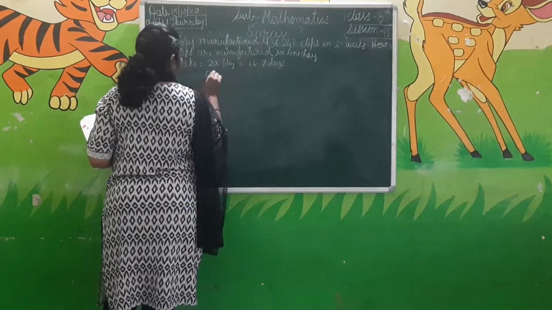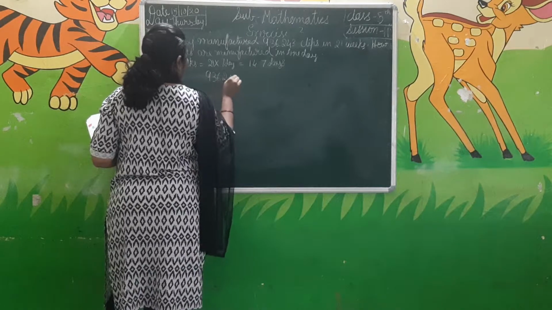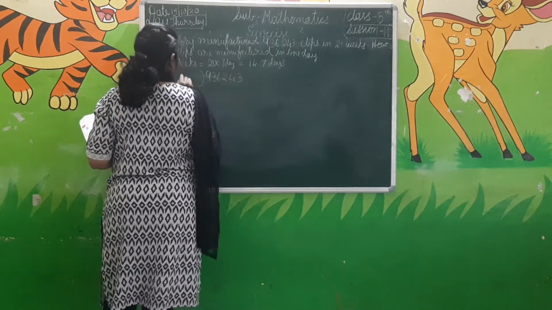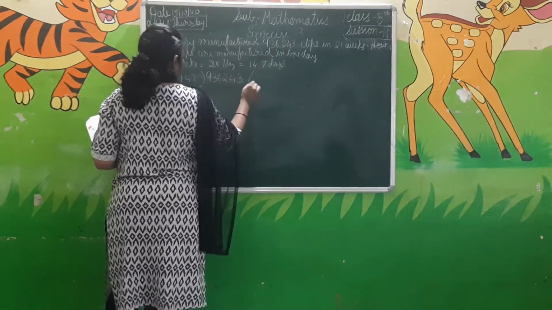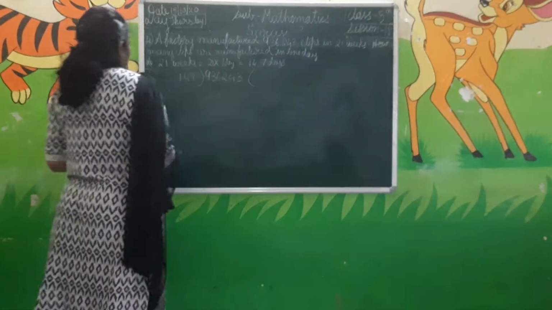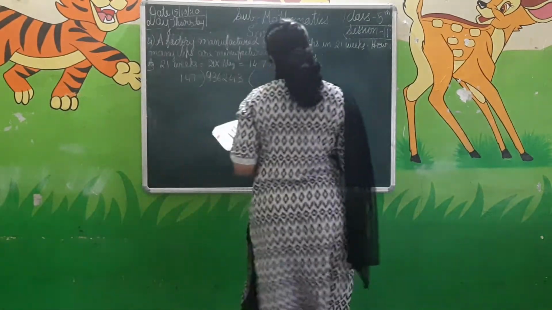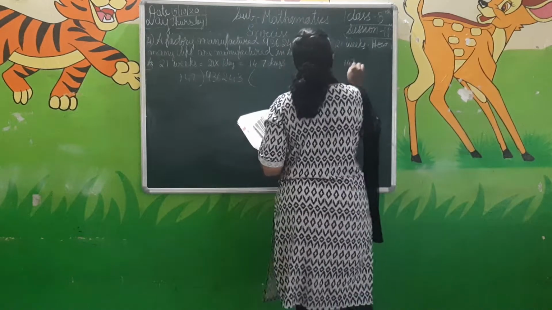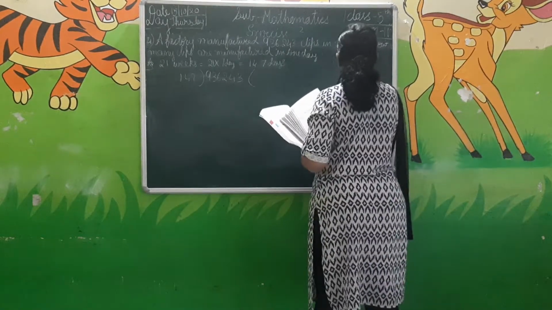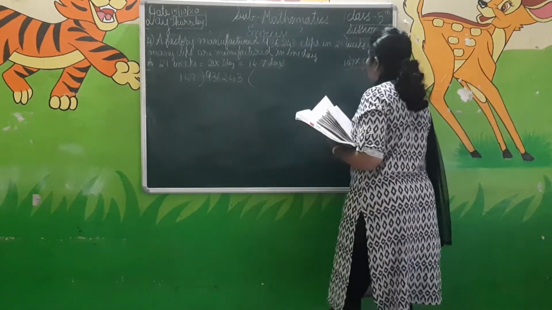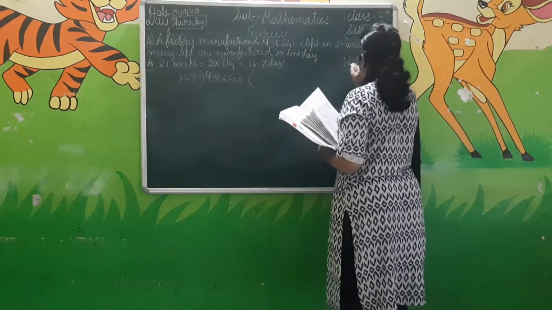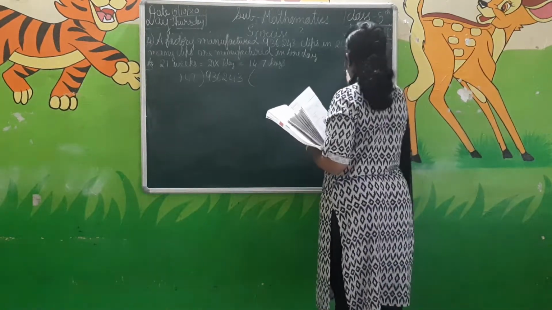Now start doing division. 9,36,243 is divided by 147. First you take 147 into 5. 5 sevens are 35, 5 fours are 20, 20 plus 3 is 23, and 5 ones are 5, 5 plus 2 is 7.